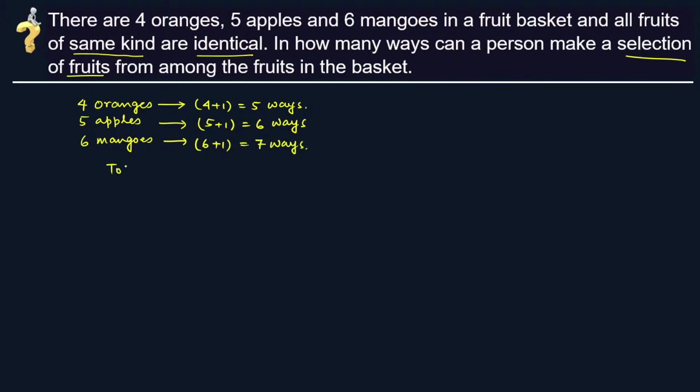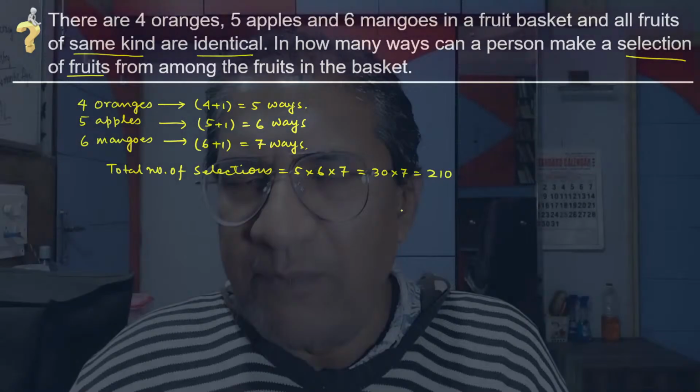Therefore, the total number of selections will be what? 5 into 6 into 7. That is 30 into 7, which gives us 210.